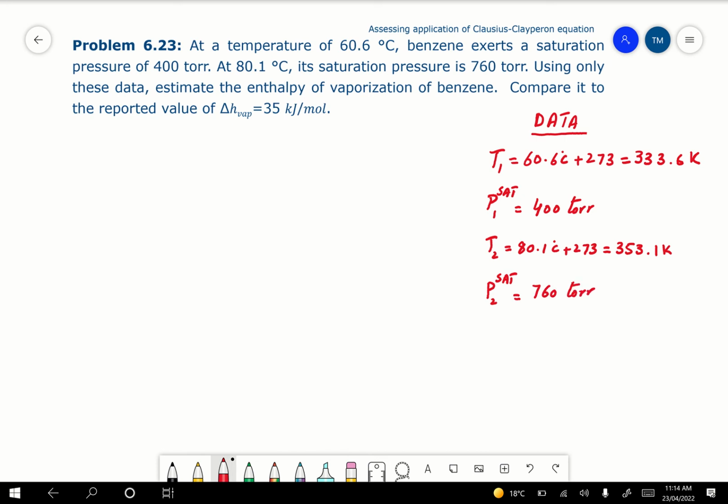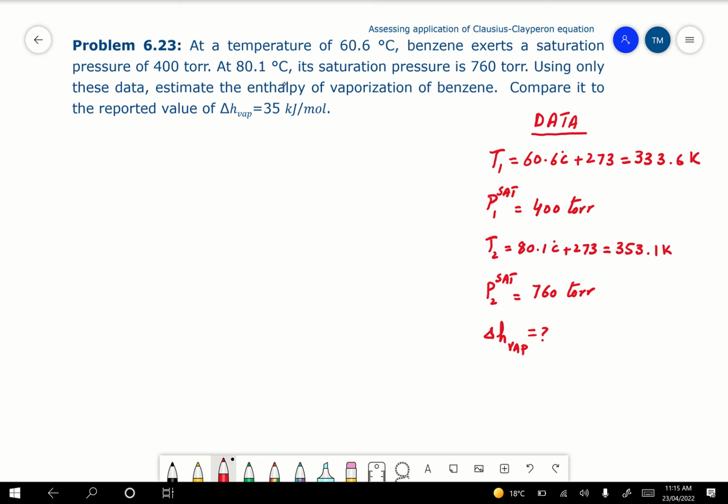Using only these data, so basically at a temperature of 60.6 degrees Celsius, benzene exerts a saturation pressure of 400 torr. At 80.1 degrees Celsius, its saturation pressure is 760 torr. So basically we have two temperatures and two saturation pressures. Using this data, estimate the enthalpy of vaporization, delta H of vaporization. This is part 1, and compare it to the reported value of heat of vaporization, which is 35 kilojoule per mole.